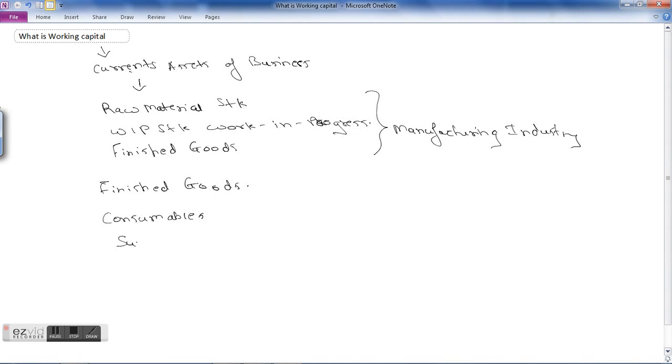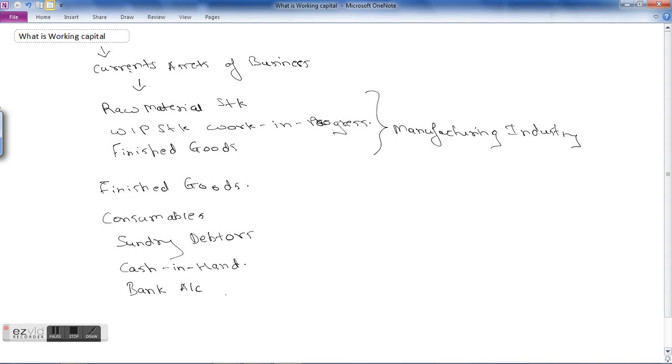Then there will be sundry debtors, then cash. There needs to be some cash which has to be kept in the office, cash in hand. Then bank, some amount in the bank account, that is your current bank account, or some small term fixed deposits in your bank account. So all these current assets need to be maintained.